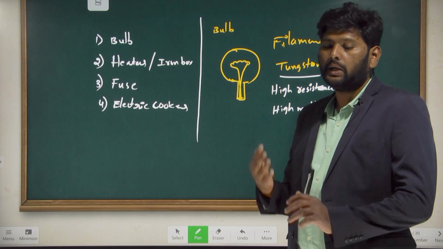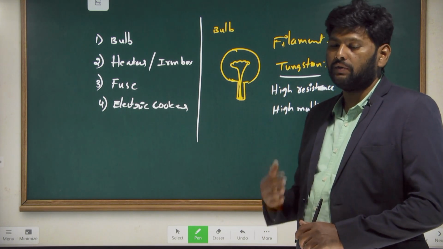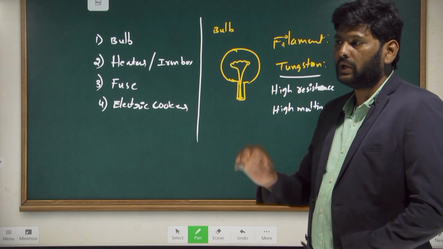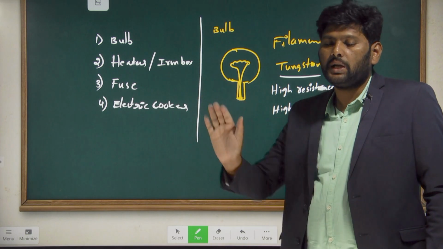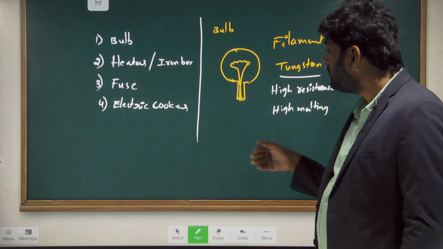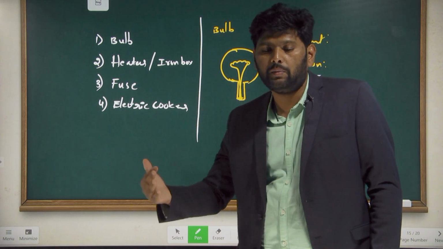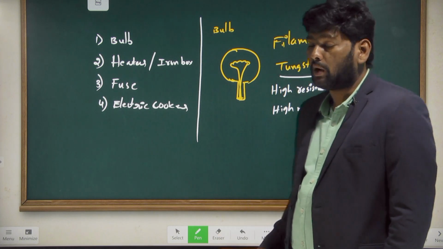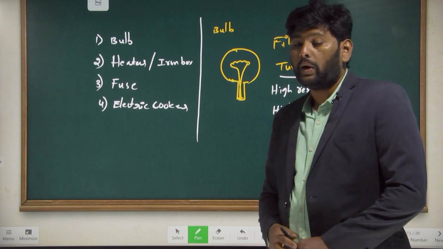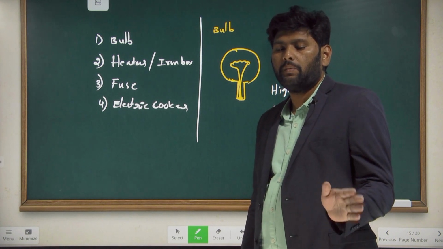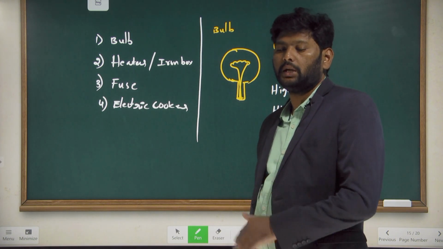When all the energy is dropped across the filament, that energy will come out as heating, because the form of the energy changes. What kind of energy is it changing to? It is changing from electrical energy to heat energy.